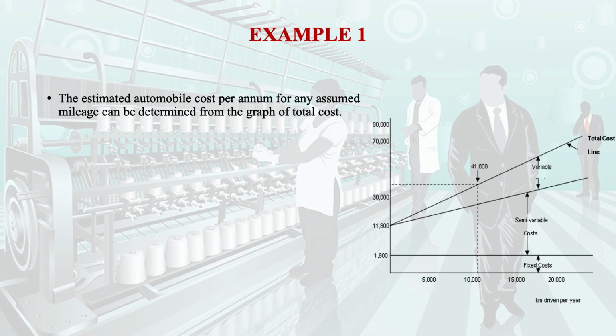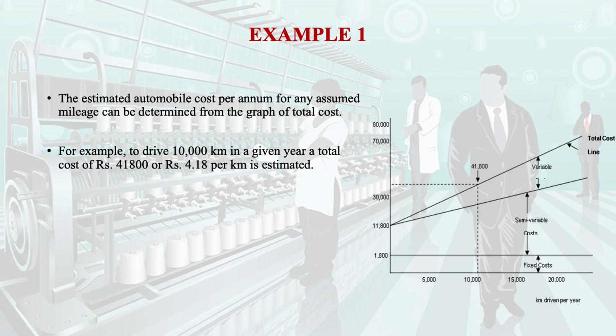In this example, the estimated automobile cost per annum for any assumed mileage can be determined with the help of a graph of the total cost. For example, to drive 10,000 km in a year, a total cost of 41,800 or 4.18 per kilometer is estimated.